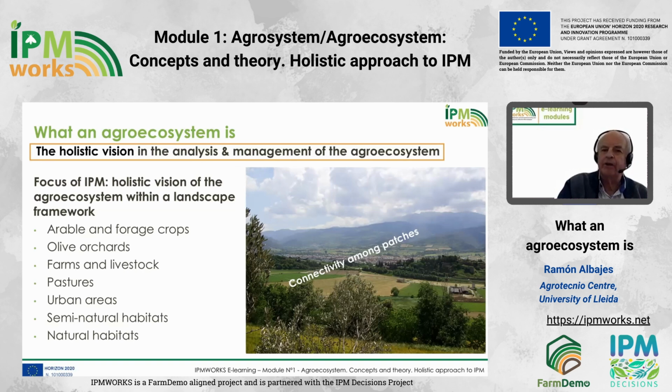They are connected, at least for some organisms, especially insects that are able to fly between patches for several kilometers. So I repeat, it's especially important to have this holistic vision of the landscape if you want to manage the landscape for IPM purposes.